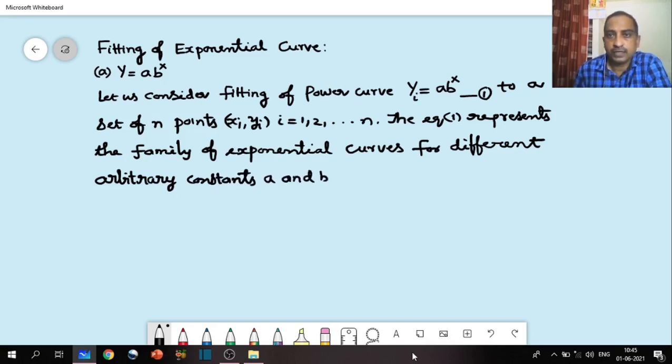So yi equals a b power xi, with arbitrary constants a and b.